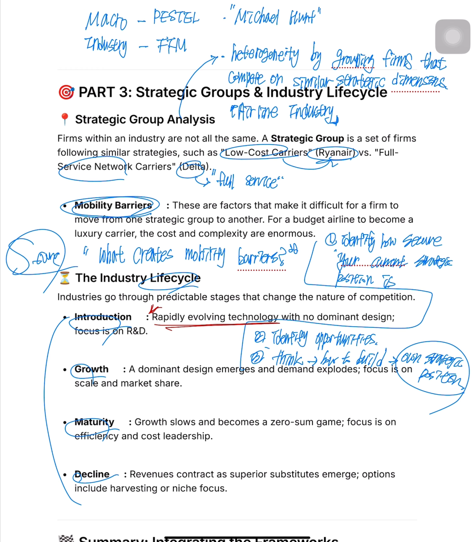The second characteristic is that there are very few firms in the industry, and they are all small. The industry does not yet have established giants. Third, customers are predominantly early adopters, tech enthusiasts, innovators, and hobbyists, not the mainstream market. Early adopters are typically willing to pay premium prices and tolerate imperfect products in exchange for access to the new technology, but they represent only a small fraction of the potential eventual market.